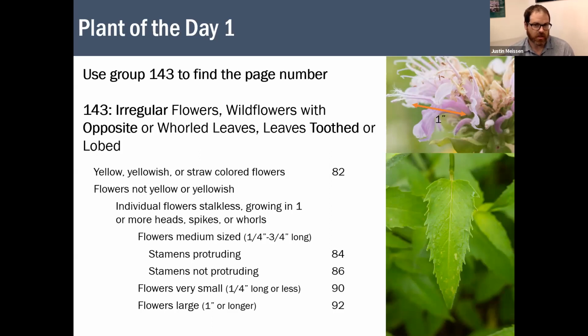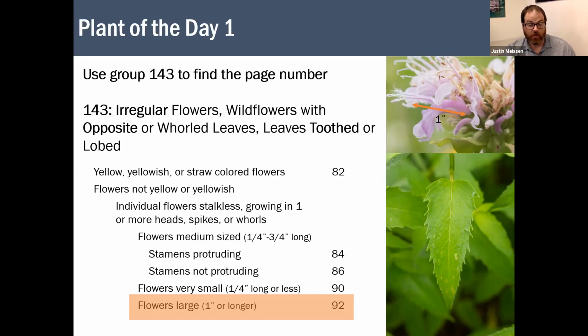So this is sounding pretty good. The next thing looks like we're going to need to measure the flowers. So luckily Nucums has a ruler on the same page as the three classifications. So we can use that to make our measurements. And after measuring, we found that it looks like the flowers are a little bit over 1 inch long. So that means we should go to page 92.